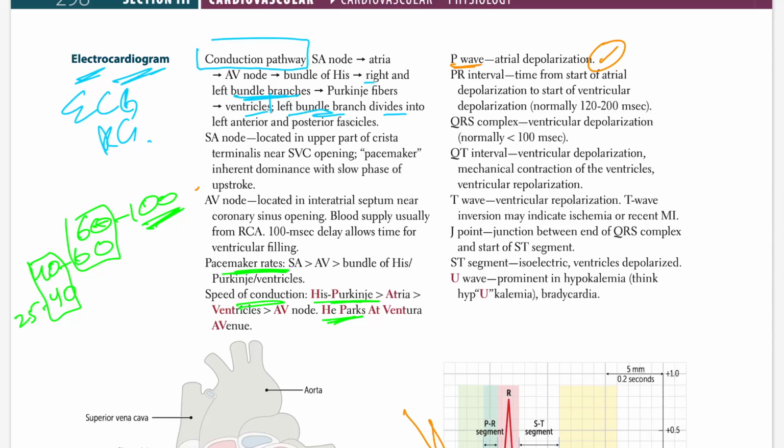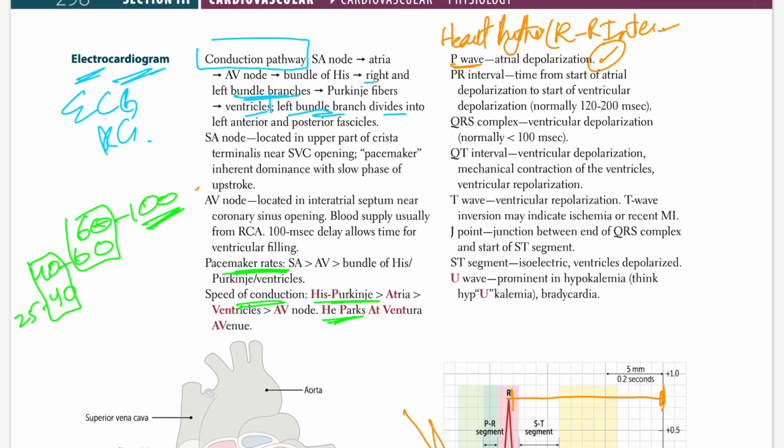Then we want to look at the rhythm, the heart rhythm. What is heart rhythm? To look at a heart rhythm, we have to look at the RR interval, meaning from one R to another R. Is the interval the same?